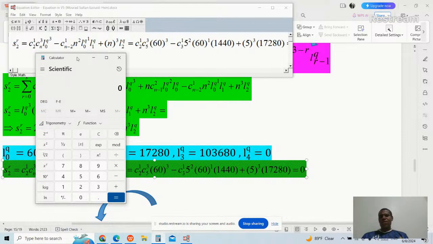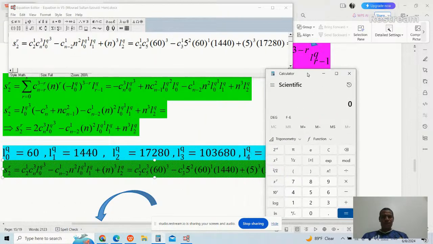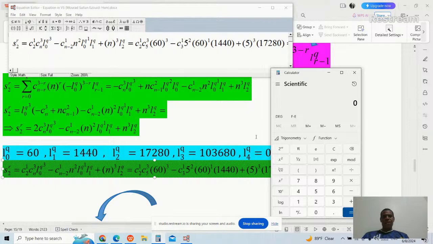Here, learners, I will just explain everything for you. So it will come from here. 2 times 10, because combination 5 choose 3 is 10, gives 20. I'll just write 20 times 60 cubed, times 60 raised to the power 3.